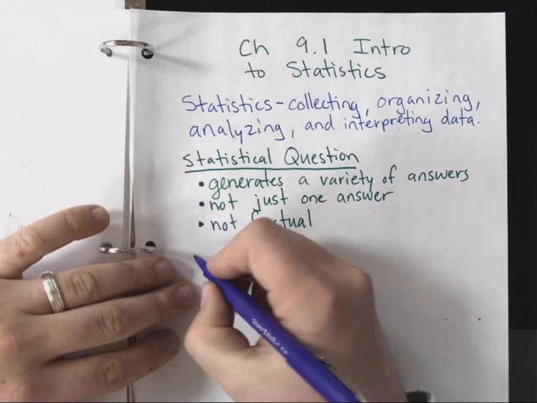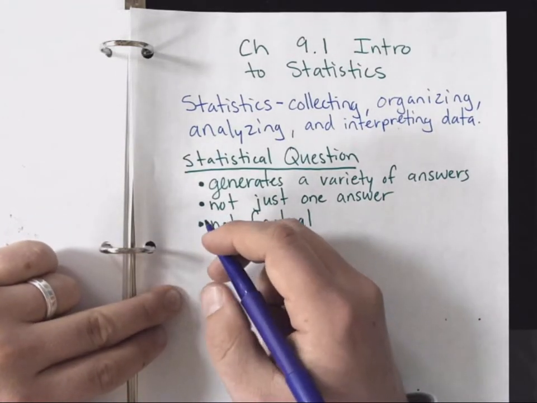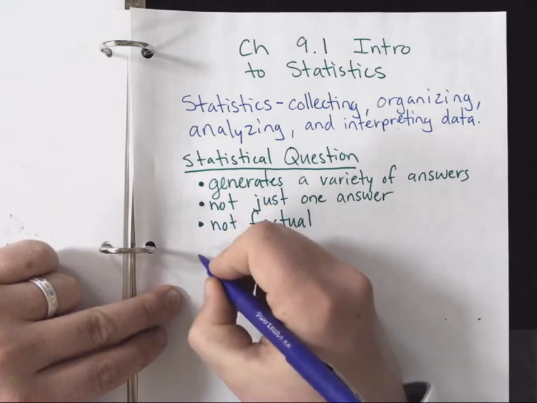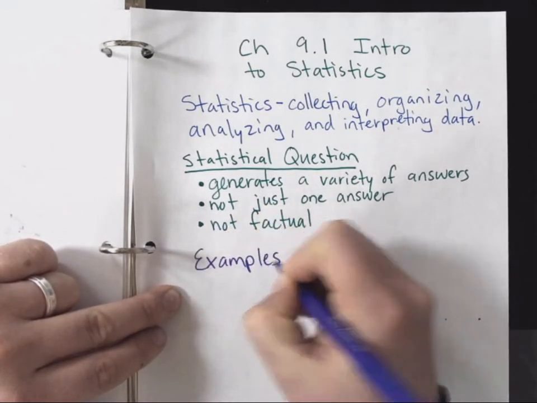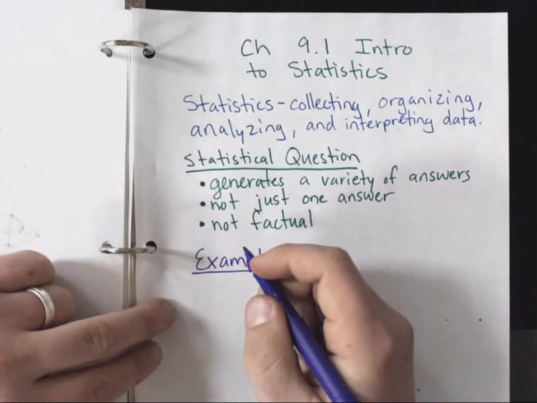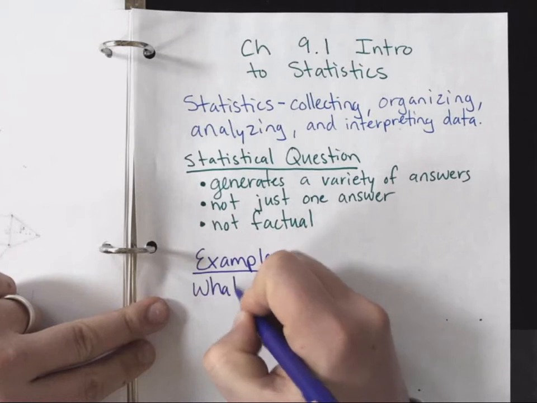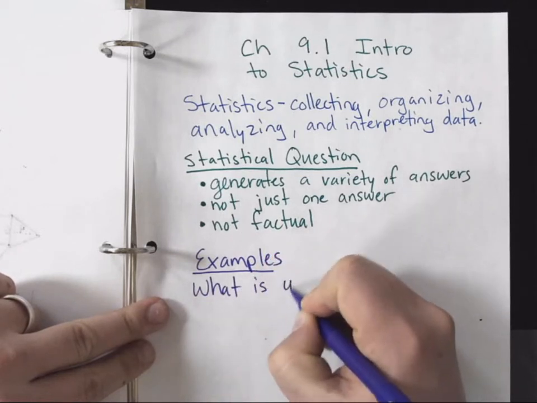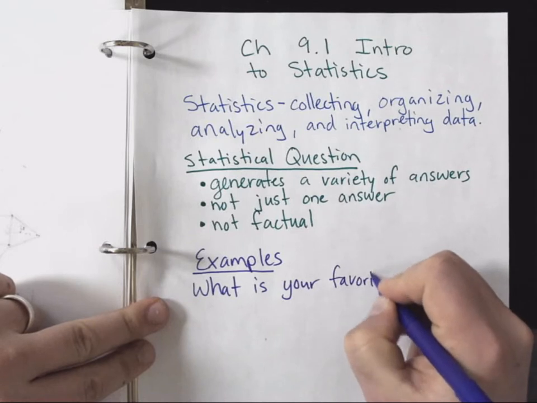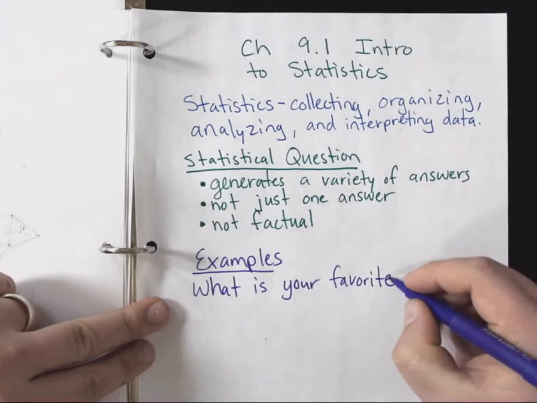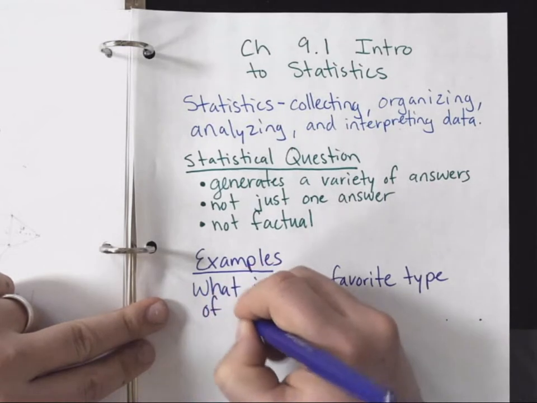Okay, so one kind of statistical question that we could have is a categorical question. For example, so I'm going to write examples. A categorical question would be something like, what is your favorite type of pizza?